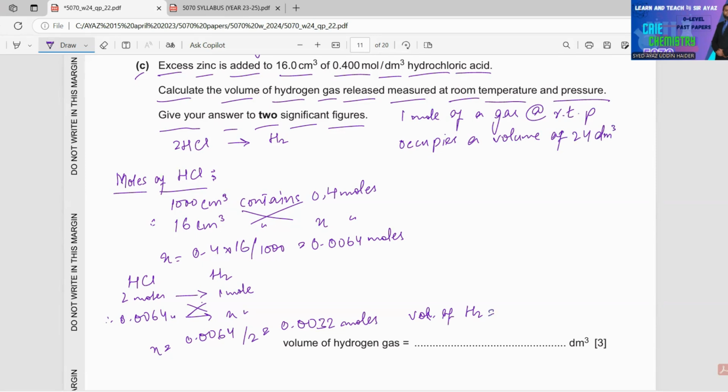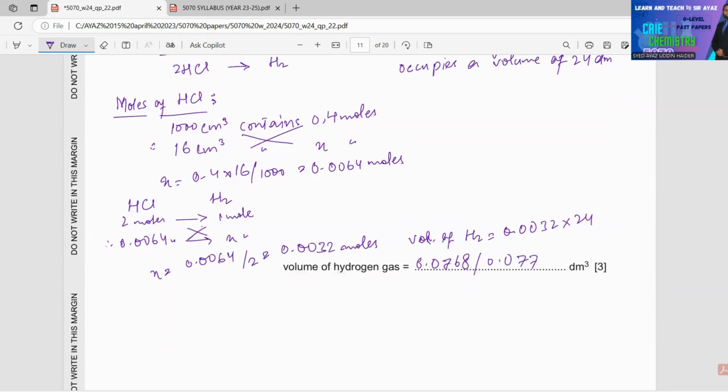So you need to multiply these moles by 24. 0.0032 multiplied by 24. So the answer becomes 0.0768, or you can even write 0.077 dm cube. This will be the final answer.